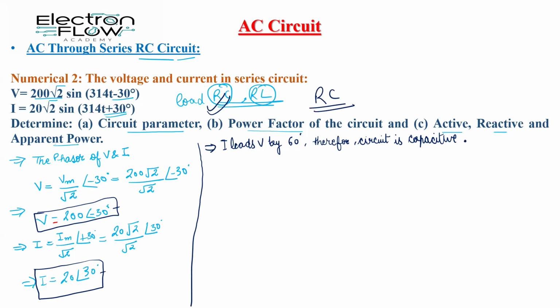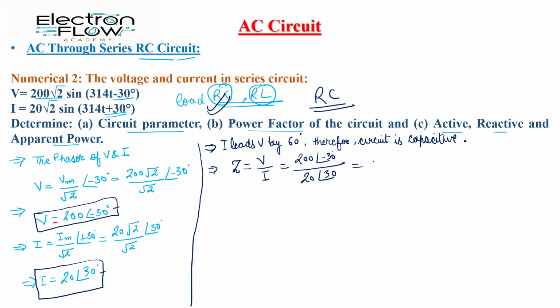The next step is to calculate the impedance Z. We know the formula Z is equal to V upon I. Here the voltage is 200 at an angle of minus 30 degree divided by 20 at an angle of 30 degree.